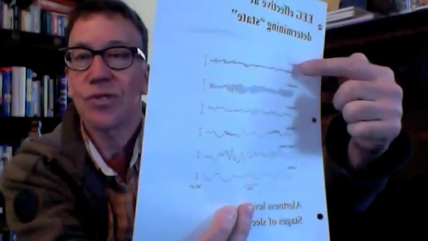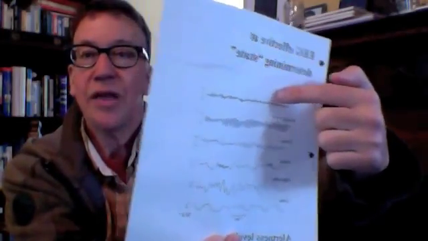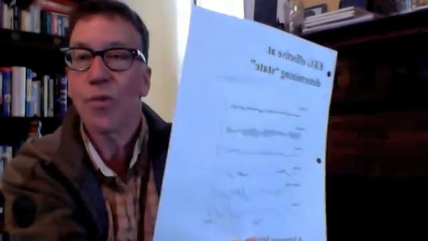However, if you slip into REM sleep, rapid eye movement sleep, which is typically associated with a dream state or dreaming experiences, you switch to very rapid beta activity, very low amplitude. You're again processing significant amounts of information.